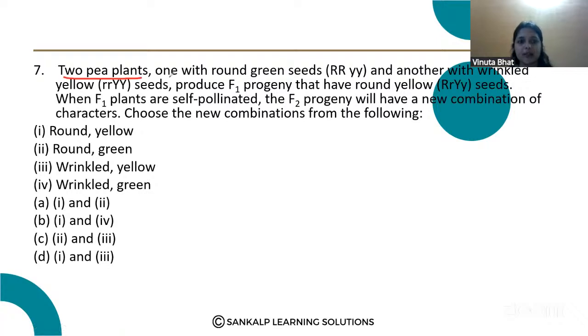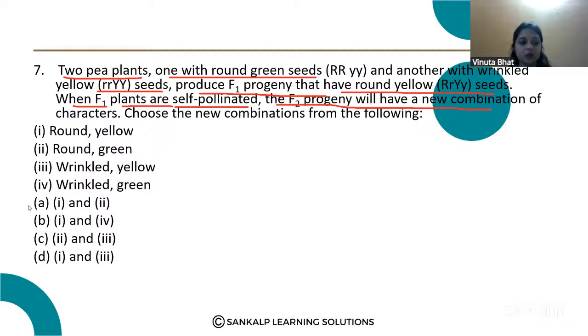Two pea plants, one with round green seeds and another with wrinkled yellow seeds, produce F1 progeny that have round yellow seeds. When F1 plants are self-pollinated, the F2 progeny will have new combinations of the characters. Choose the new combination from the following.